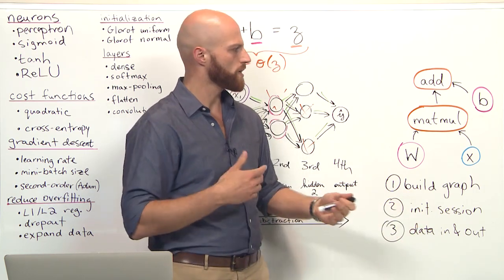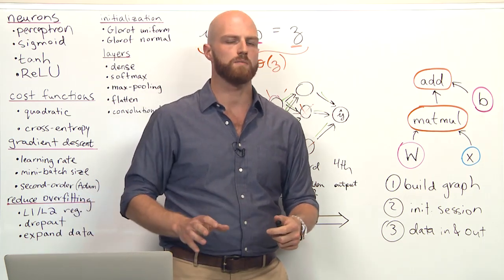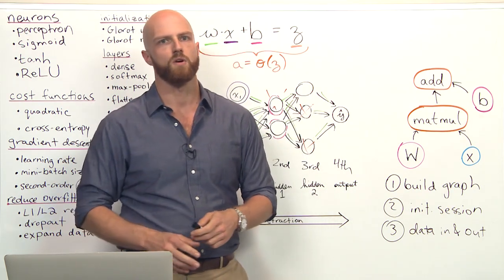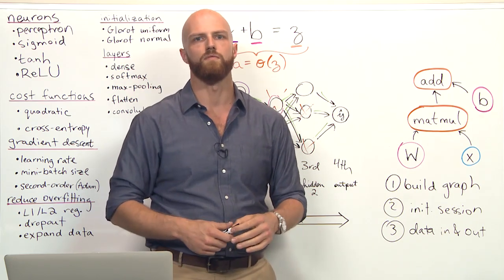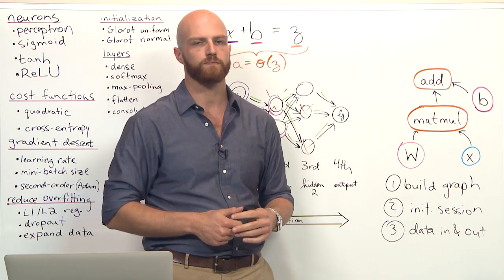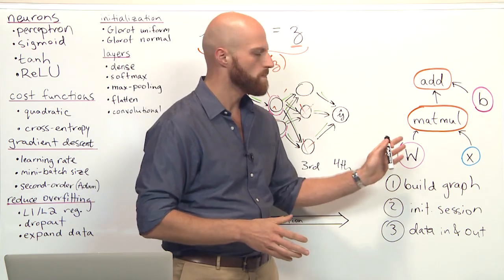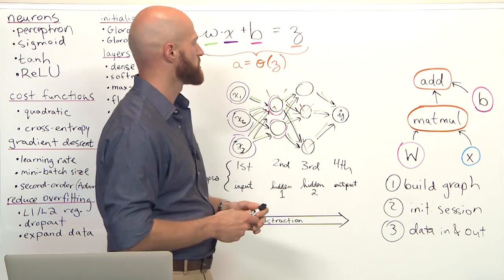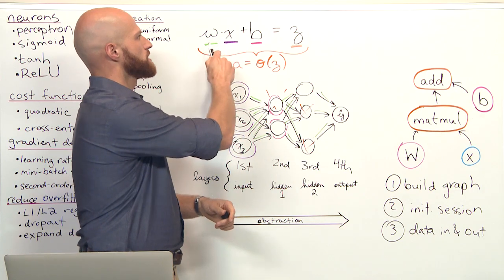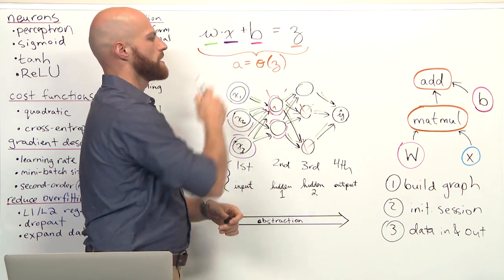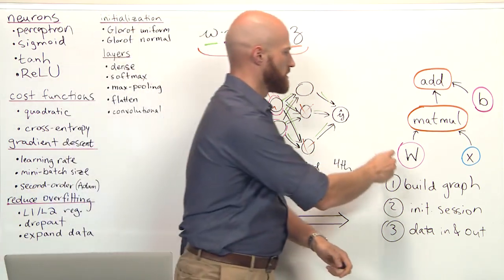Whatever kind of computation we're doing, and we're going to run through some really simple examples before getting into deep learning, we need to arrange the ops and the tensors in advance of doing that work. So I have an example here that may be familiar to you by this point. We've talked a lot about doing matrix multiplication on weights times some input X and then adding the bias B. That operation is represented here on the graph.